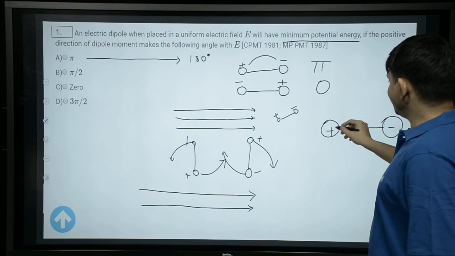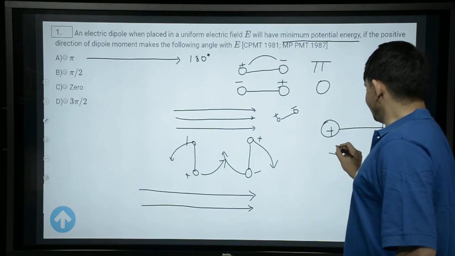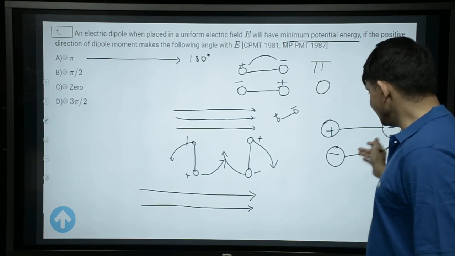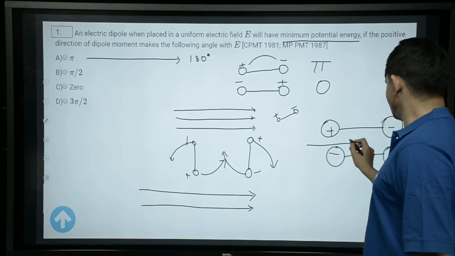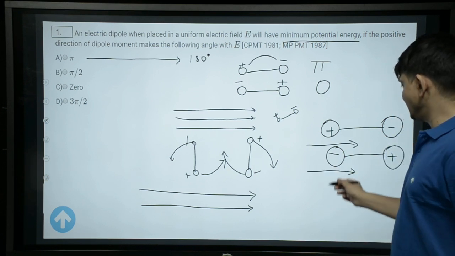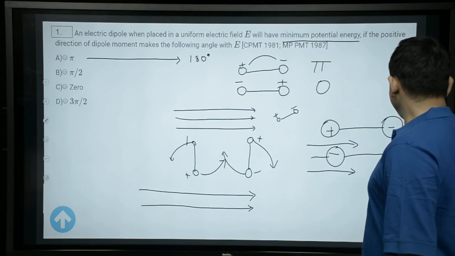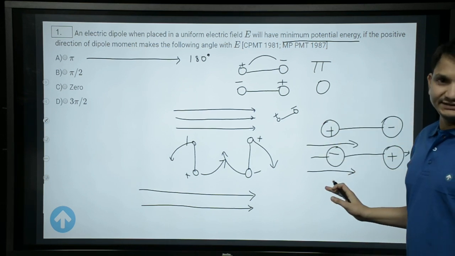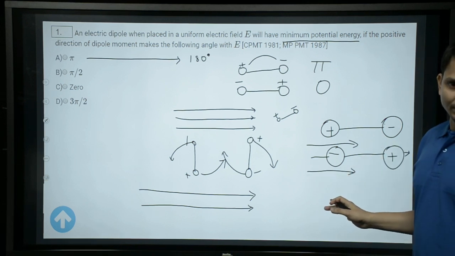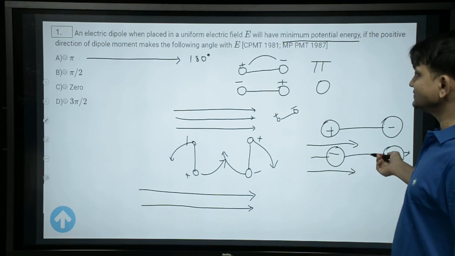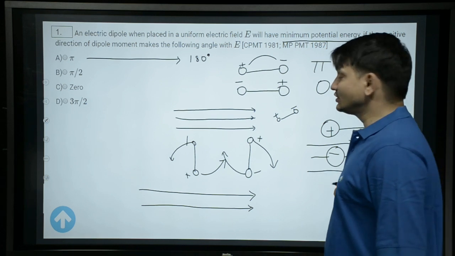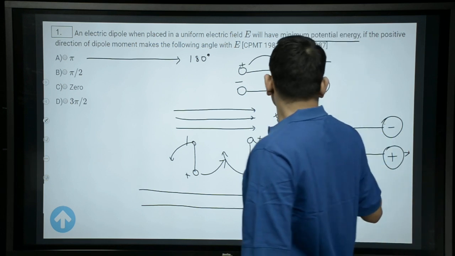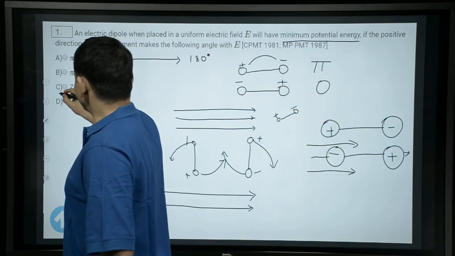So that's why this is not stable and this one is much more stable than that. This one is stable because in this electric field this would be attracted while this would be repelled. So the orientation will not be changing, there would be no torque at all. So that's why this is more stable. So this would also be having less potential energy. So our answer would be 0.